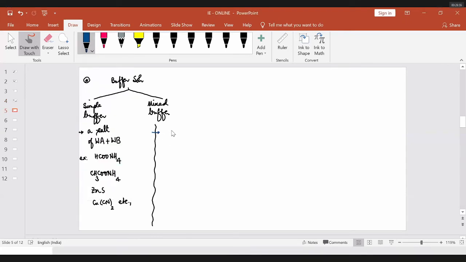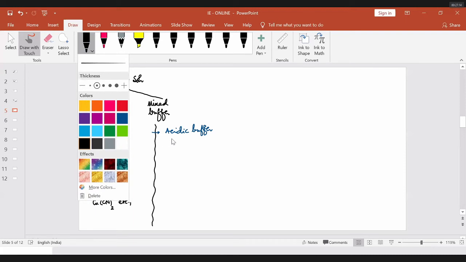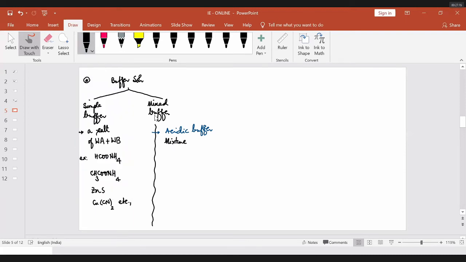One is called acidic buffer. The other one is called basic buffer. What is an acidic buffer? Therefore, mixed buffer, a mixture of weak acid and its salt with strong base.